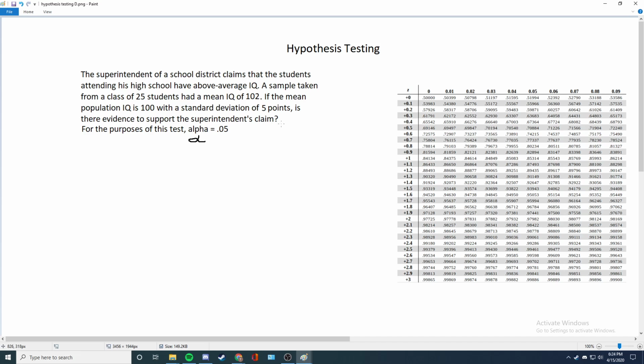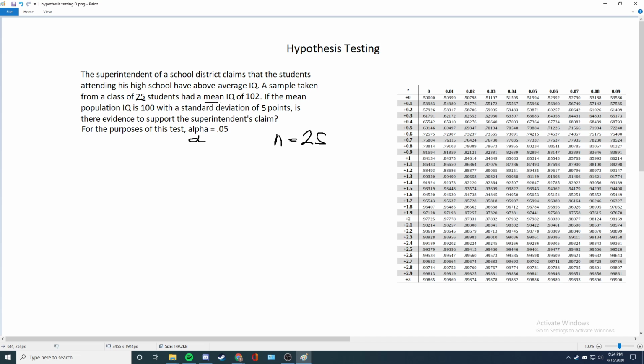Okay, so the first thing that I do when I see a problem like this is I just try to get every piece of information and lay it out in a way that we can plug it back into formulas later. So first, I just pick out all the numbers. We have 25 students from our sample, so 25 is our n because it's the sample size.